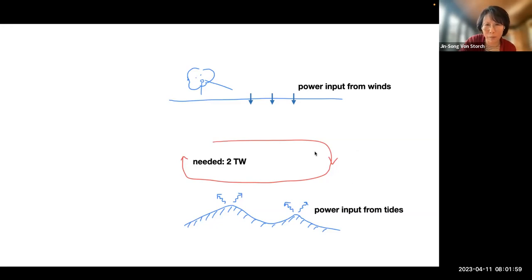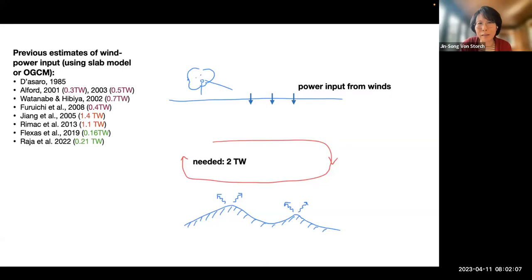It's thought that we have the tides from below and the wind from above, and therefore there have been many papers on the wind power input to the ocean. It starts with these dark numbers, early estimates of roughly 0.5 terawatt input.